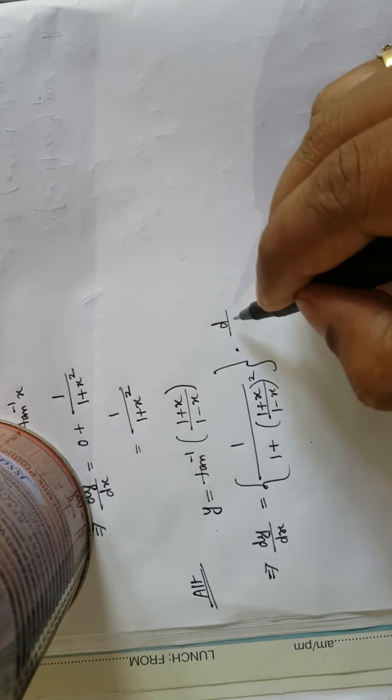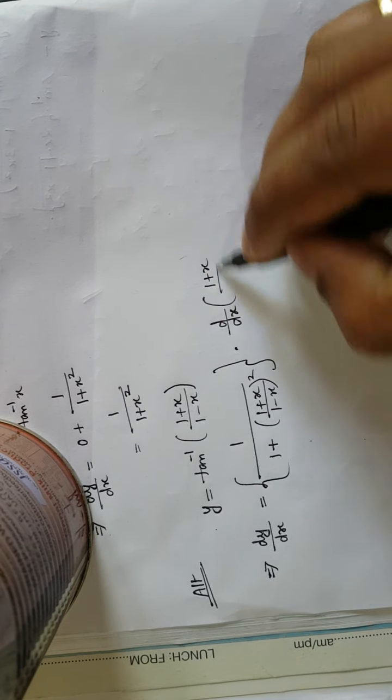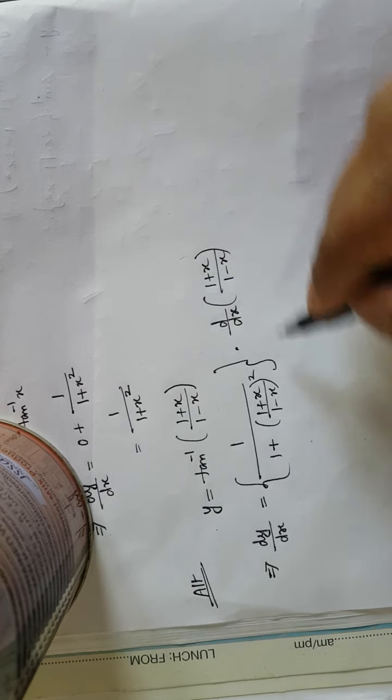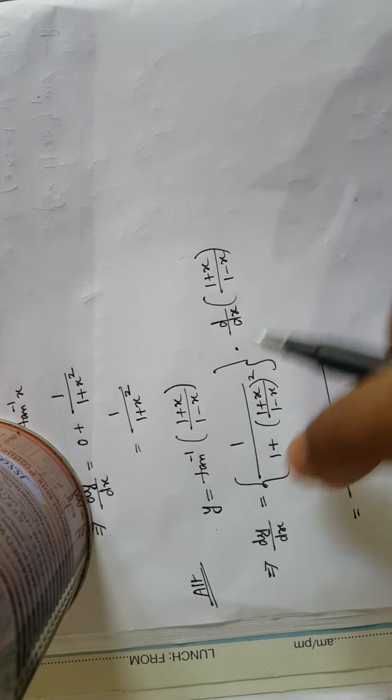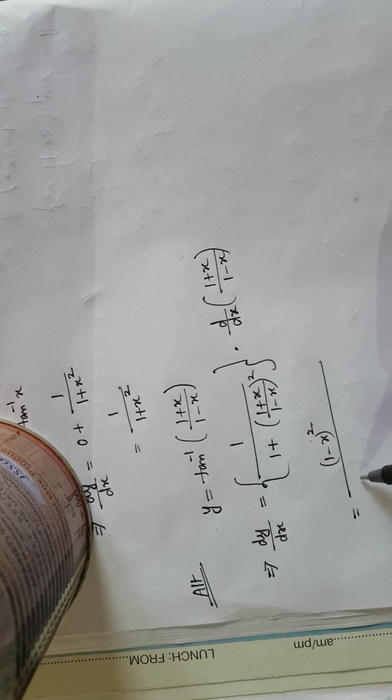Then we'll differentiate the function inside this, that is the derivative of 1 plus x by 1 minus x. If you take the LCM, this is 1 minus x whole square.